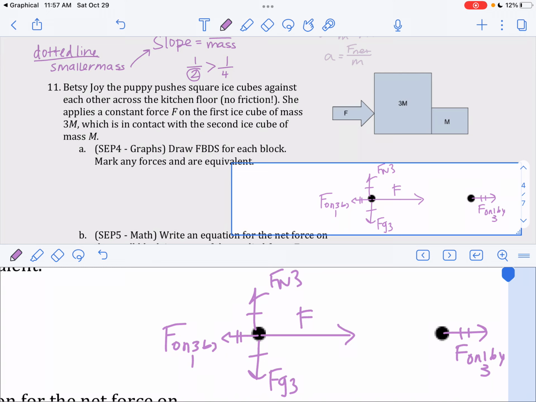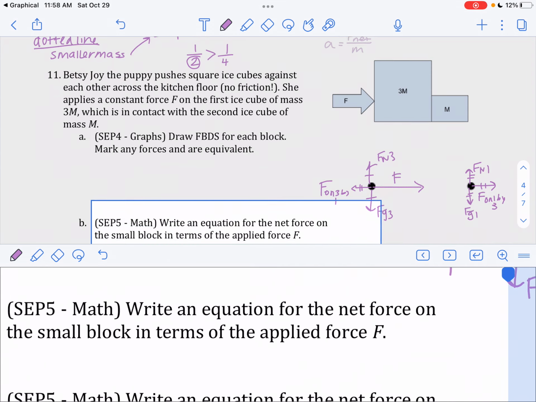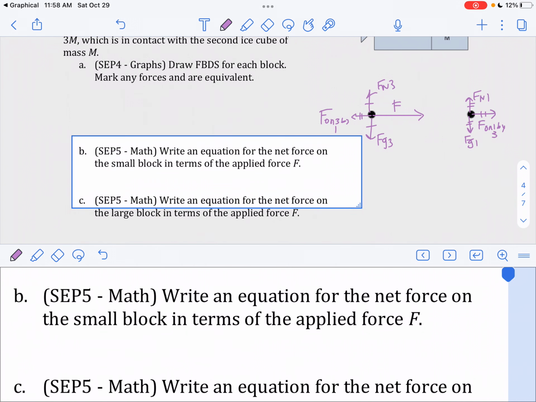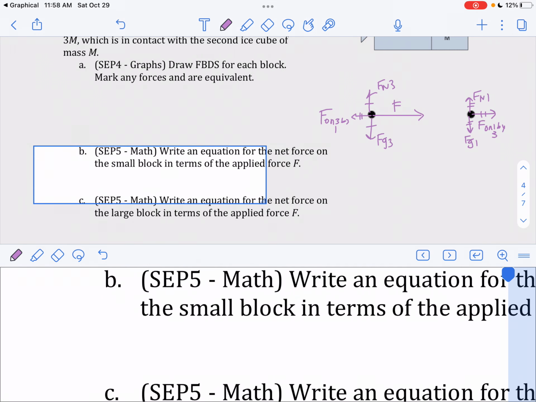The on-by notation is flip-flopped. And so that is a Newton's third law pair. And then I have an Fn on the 1m and the Fg on the 1m. All right, write an equation for the net force on the small block in terms of the applied force F. Well, first I'm actually going to solve for the acceleration of the system.